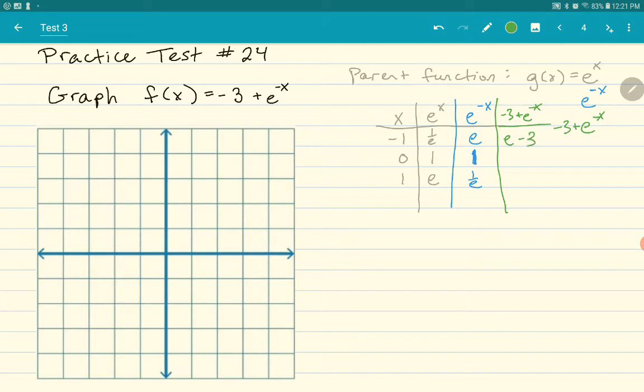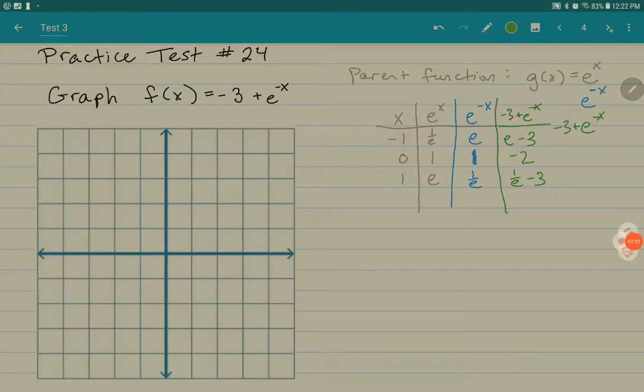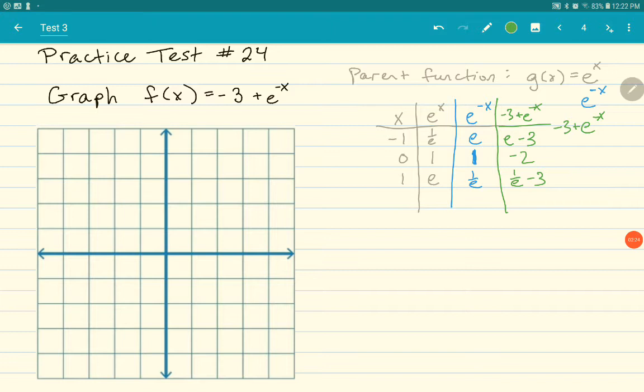So e minus 3, 1 minus 3, or I'll just write a -2 for that one, and 1 over e minus 3. So my final goal is that green column. That is going to be the f of x. F of x is the green one.